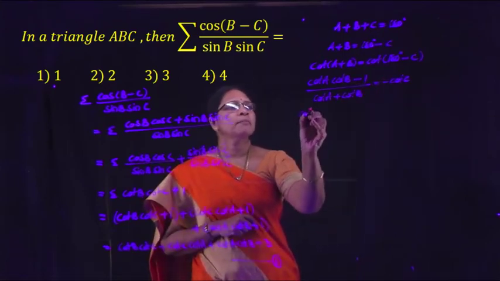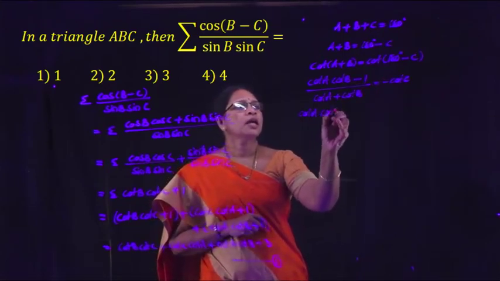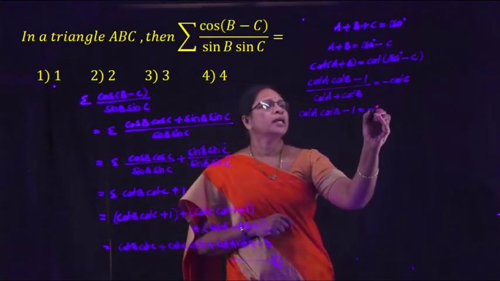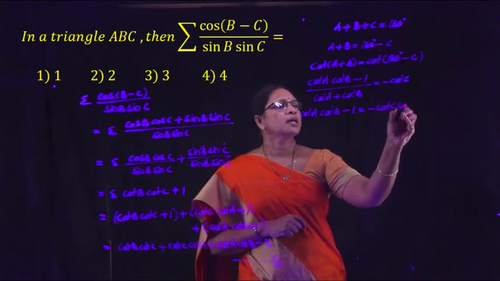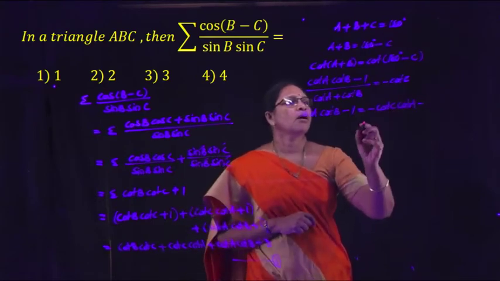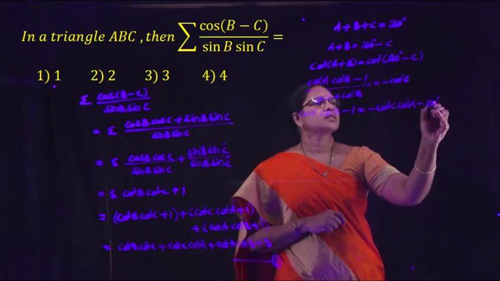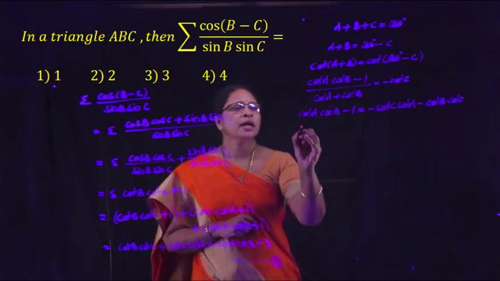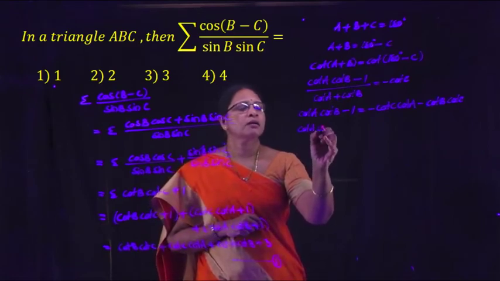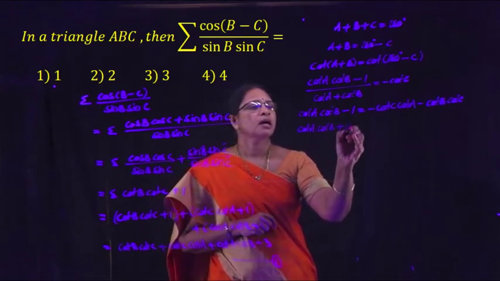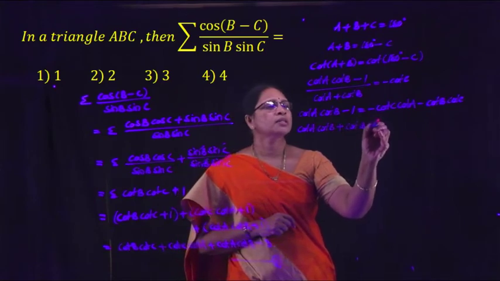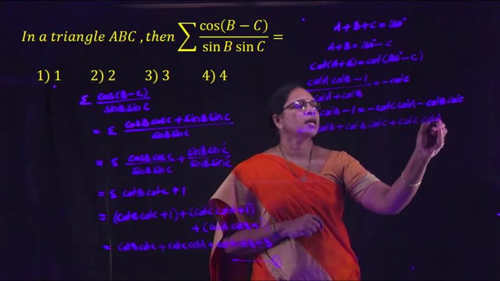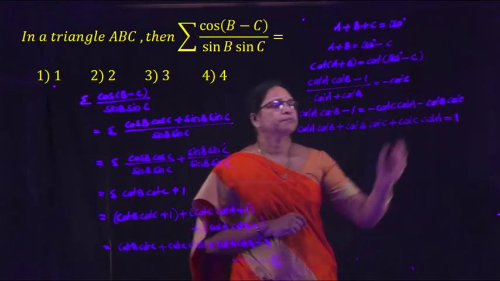By cross multiplying we get cot a cot b minus 1 is equal to minus cot c cot a minus cot b cot c. By rearranging we get cot a cot b plus cot b cot c plus cot c cot a is equal to 1.